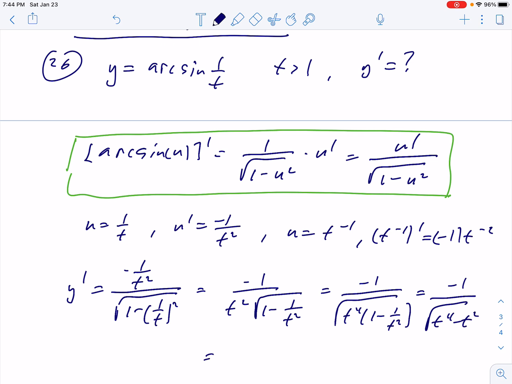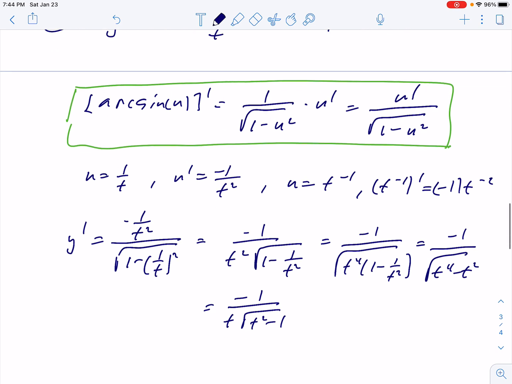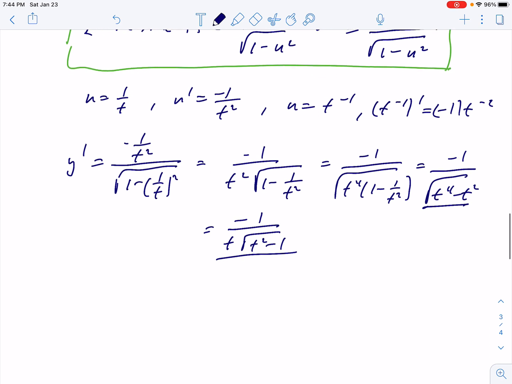Or we can actually pull t squared outside and write it also this way. Here t squared minus 1. t is positive, bigger than 1. So that's the answer. Either this or this. Okay. This was 26.